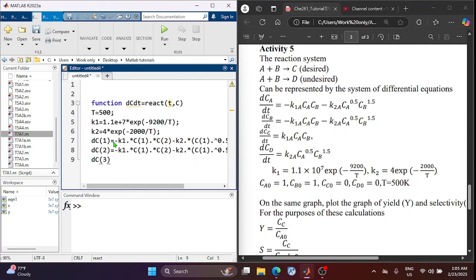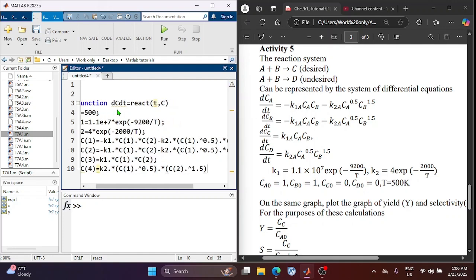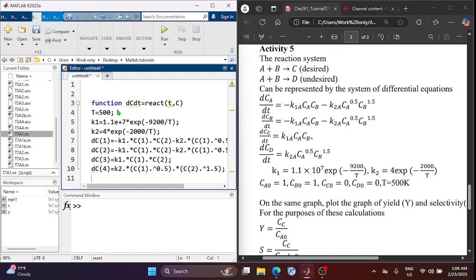Then dc3 will be equal to K1 times CA, which is C1, times CB, which is C2, and then dc4 is going to be equal to K2 times, lowercase k, K2 times CA, that's C1 to the power 0.5, times CB, that is C2 to the power 1.5. Okay, this is for the function we have.